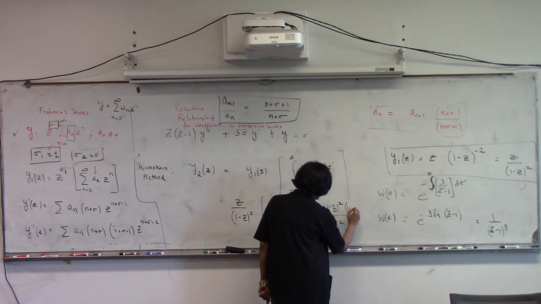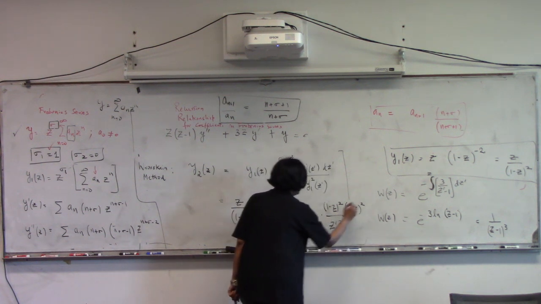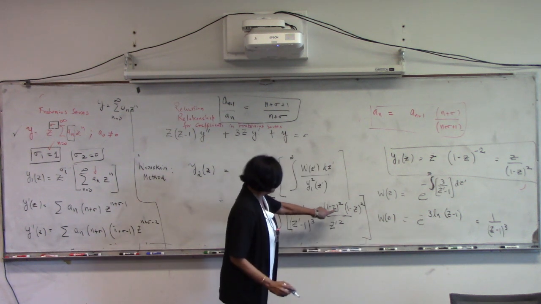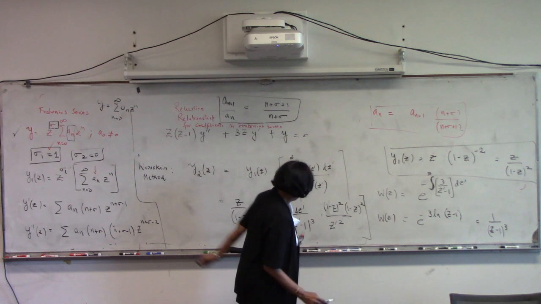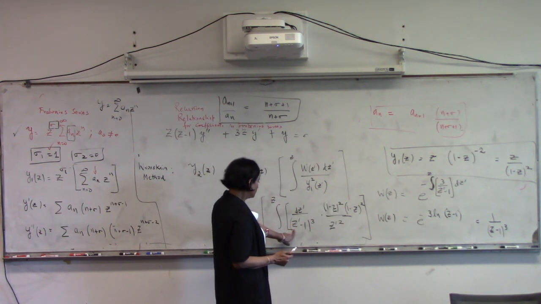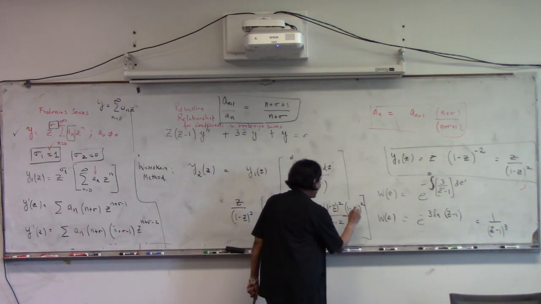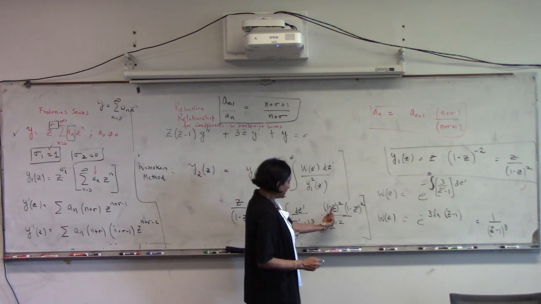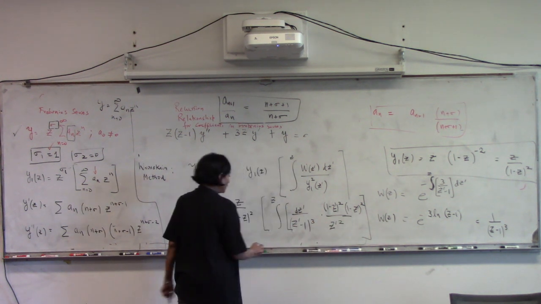I'm going to write it like this for a minute, dz prime. Since it is squared, I can write it as z prime minus 1, and this also is z prime minus 1, no problem, right?